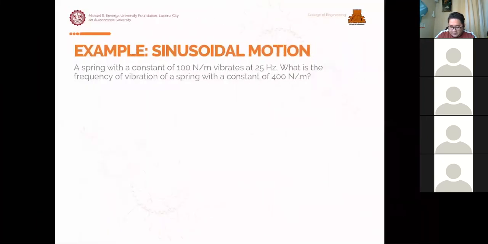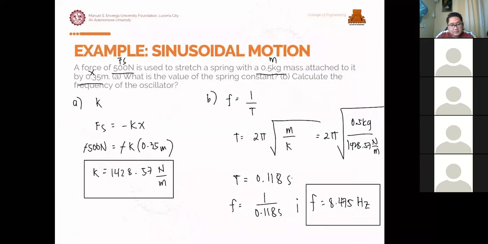Okay, a spring with a constant of 100 Newton per meter vibrates at 25 hertz. What is the frequency of vibration of a spring with a constant of 400 Newton per meter?